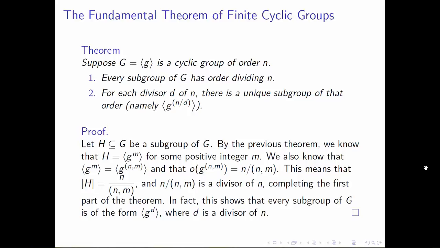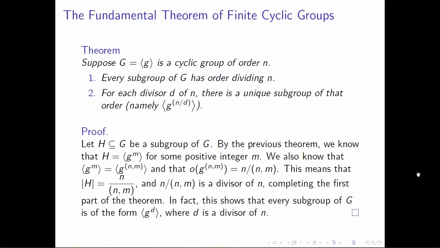Now, recall the GCD of n and m is the greatest common divisor of n and m. In particular, the GCD of n and m divides n. So when I'm looking at this quantity, n over the GCD of n and m, that's an integer, and in fact it's a divisor of n.